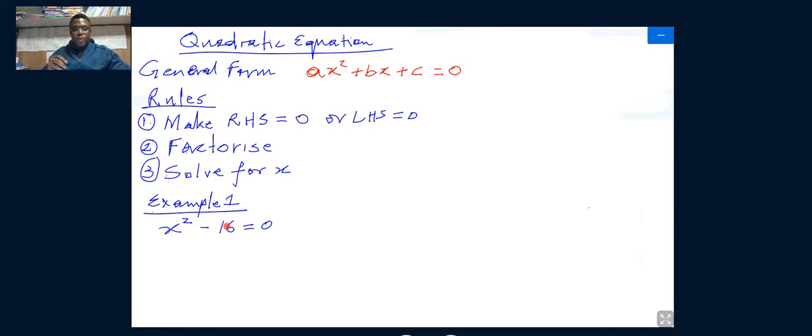Now we have to express this properly in the form of a difference of two squares. x squared is clear. Everybody can see. But 16 is not clear. So I'm going to make it 4 to the power 2 equal to 0.